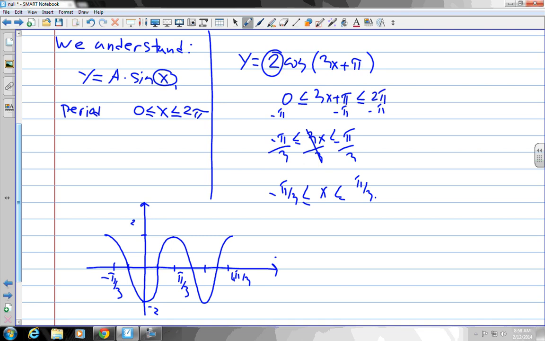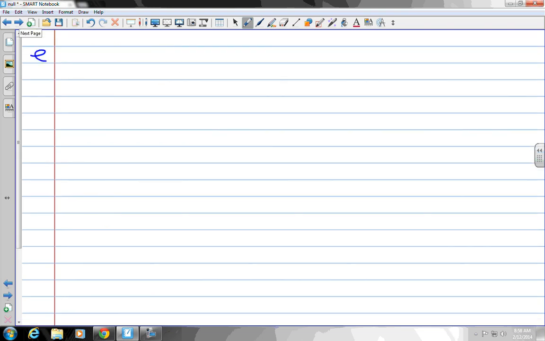We can do something like this. y equals negative 2 sine of pi x. Do I really want to do that? No, I don't want to do that.